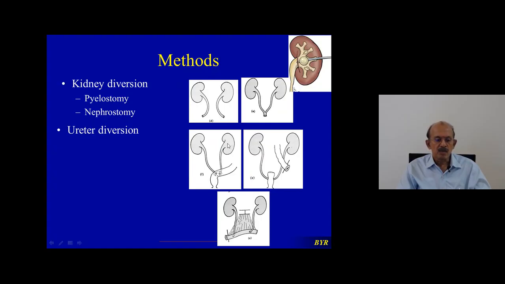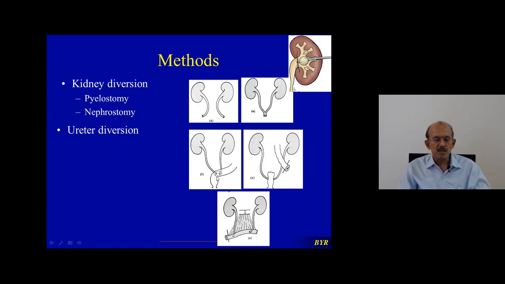The third procedure is you can anastomose the ureters into the sigmoid colon. Then the sigmoid colon and rectum will be filled with urine. Once they get filled, the patient gets the sensation of defecation. Then he goes to the toilet and evacuates the urine, just like stool evacuation. The feces also come by the same route.